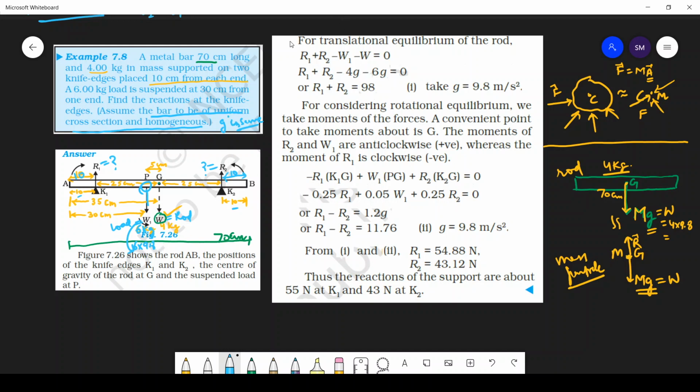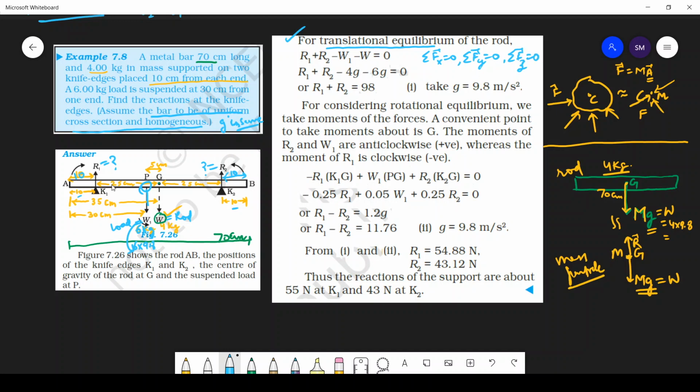So for translation equilibrium, of course we see that sigma Fx is equal to 0, sigma Fy equals 0, means net force in x direction is 0, net force in y direction is 0, net force in z direction will be 0.